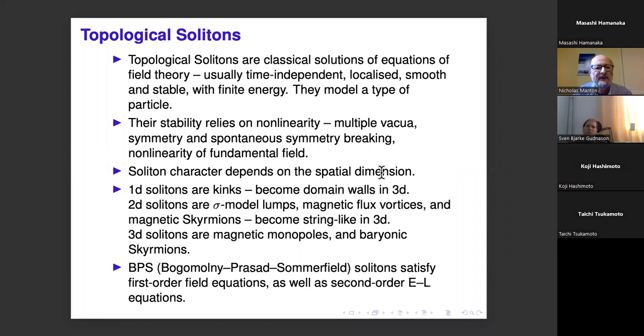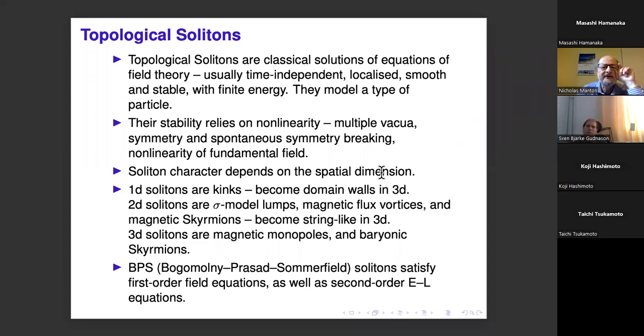And that happens, for example, for skyrmions. You have a field which really has 4 components, but the sum of the squares is fixed, which means that the field itself lies on a 3-dimensional sphere. And that creates the nonlinearity even before you write down a Lagrangian or field equation. And it's this nonlinearity that leads to the possibility of topological solitons.